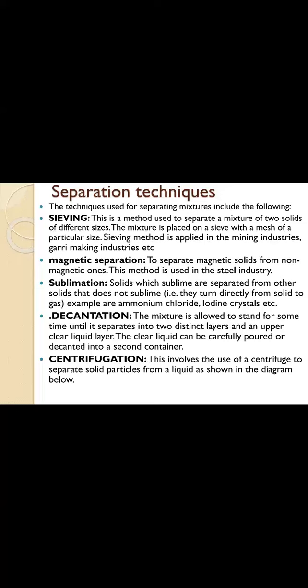After the spinning is done, these particles will form two layers, an upper layer and a lower layer. Then the upper layer is decanted out in most cases. It is also used in hospitals, especially to remove particles from the blood, particles from plasma.